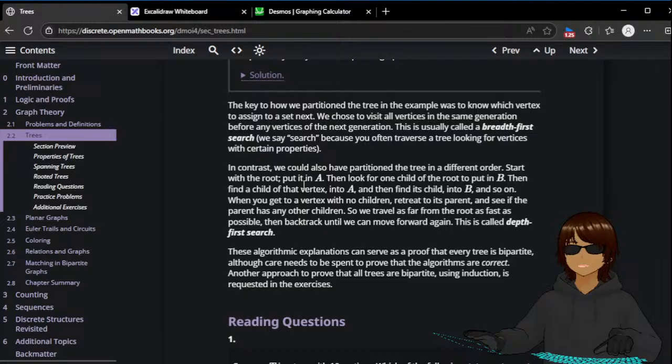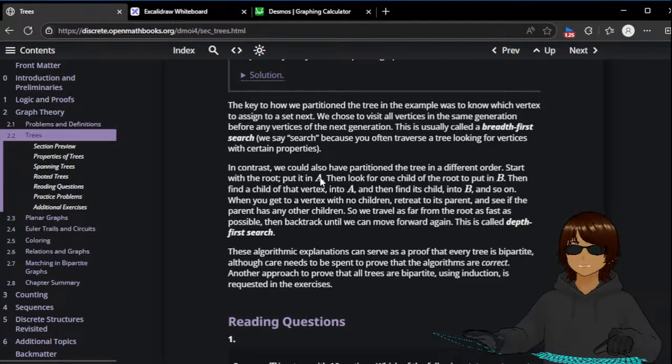The key to how we partitioned the tree in the example was to know which vertex to assign to a set next. We chose to visit all vertices in the same generation before any vertices of the next generation. This is usually called breadth first search. In contrast, we could also have partitioned the tree in a different order.